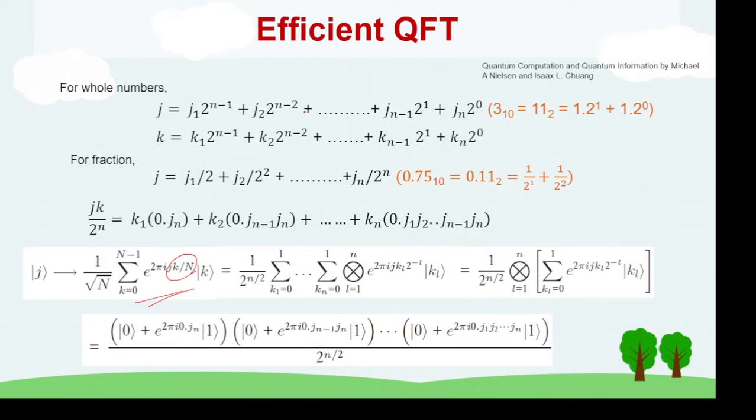Like that, the power gradually reduces as we move to the right, and finally we end up with 2 to the power of 0, or just multiplied by 1. This is similar to what we do in decimal, correct?